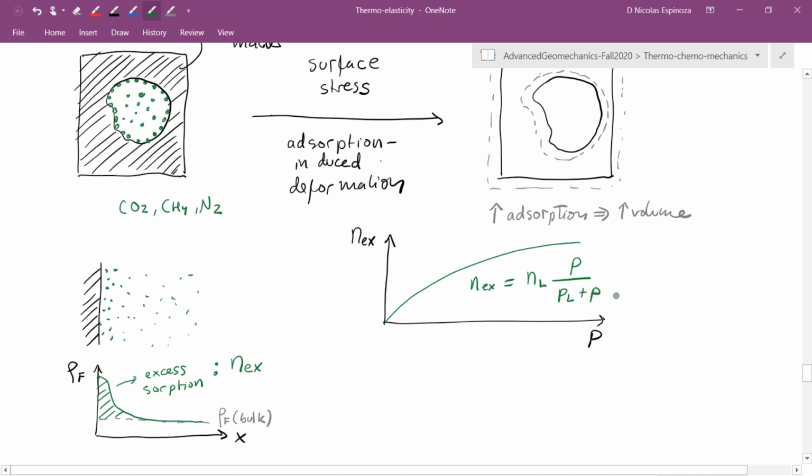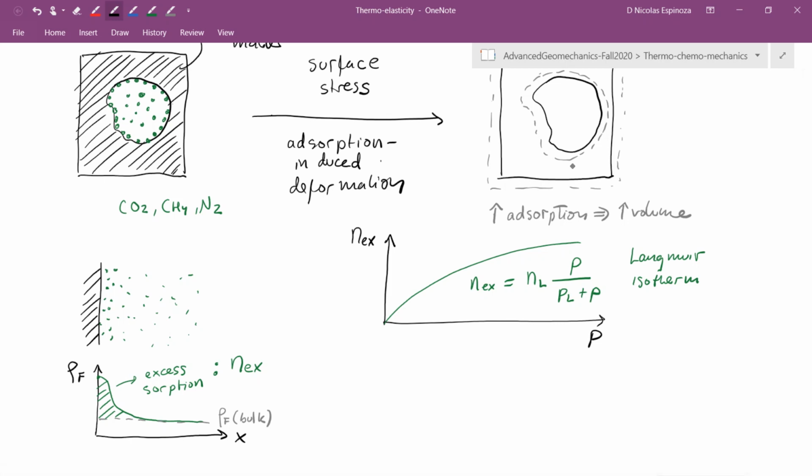This is what is called a Langmuir isotherm, and it models pretty well the amount of excess sorption that you have in this type of materials. For example, in organic shales, the amount of excess sorption increases with the amount of organic matter and decreases with temperature.